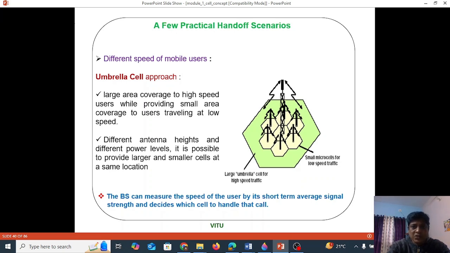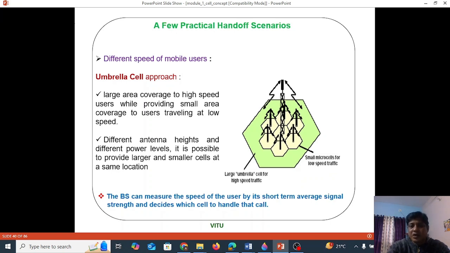Now the question may arise, why are the small base stations not taking care of the high speed users? If these small base stations take care of the high speed users, since the speed of the users is high, within a given period of time the user may cross multiple cells and ask for multiple handoffs.